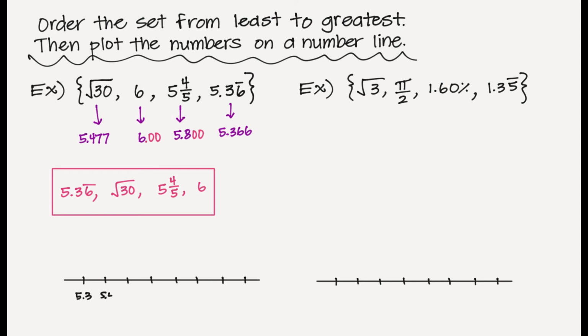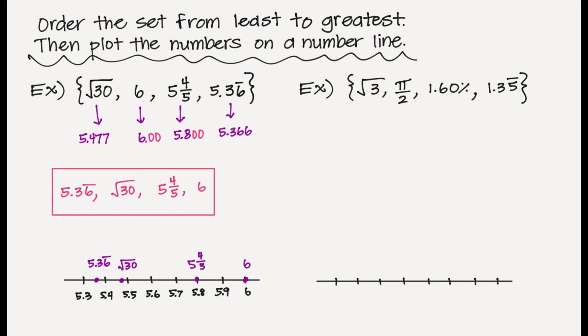So I'm going to just count by tenths on my number line, and then I can go ahead and plot them. So 5.36 with a bar over it is just in between 5.3 and 5.4. Square root of 30 would be in between 5.4 and 5.5. 5 4/5 would be right at 5.8, and then 6 would be right at 6, and we're done.